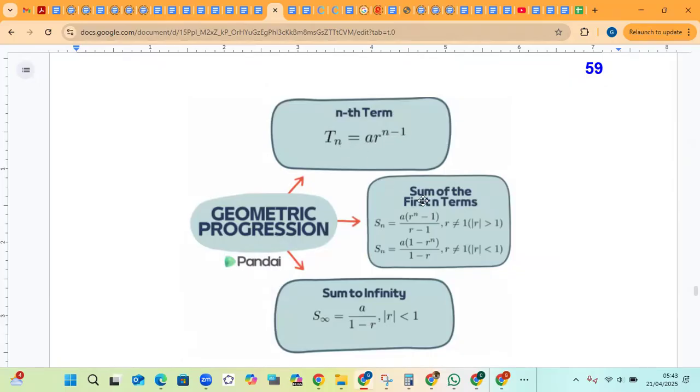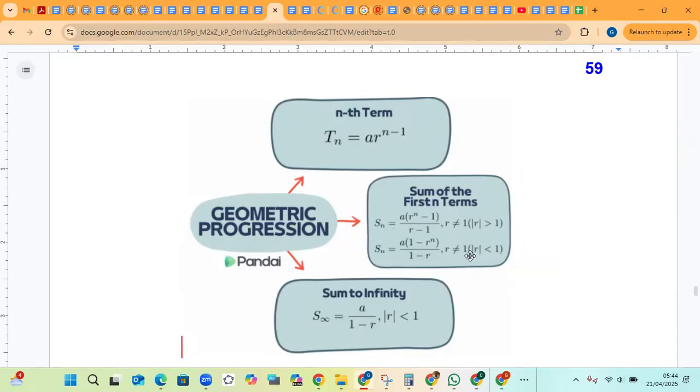Now the formula to find the sum of the first n terms comes in two versions. The first version is where you multiply a, and in a bracket you have r to the n minus 1, divided by r minus 1. Now r must not be equal to 1, and here the modulus of r, meaning the absolute value of r, must be greater than 1. So it is more convenient to apply this formula when r is greater than 1.